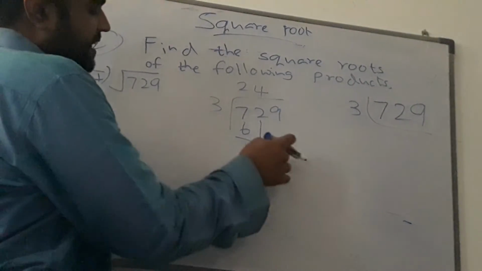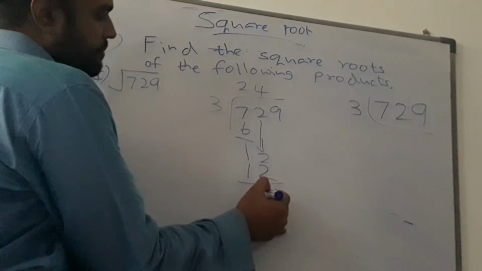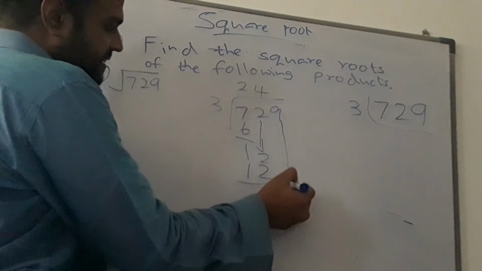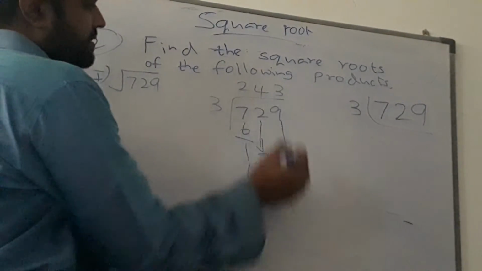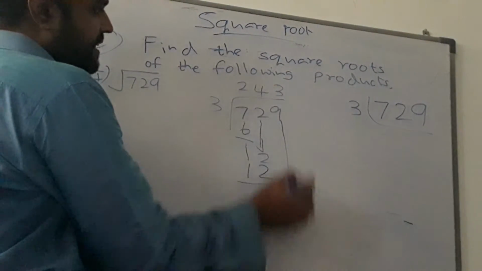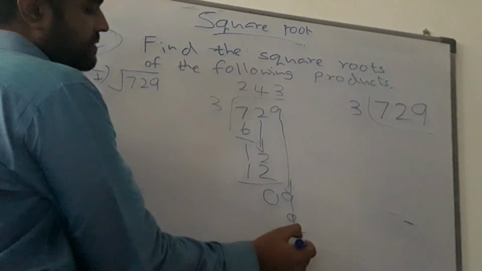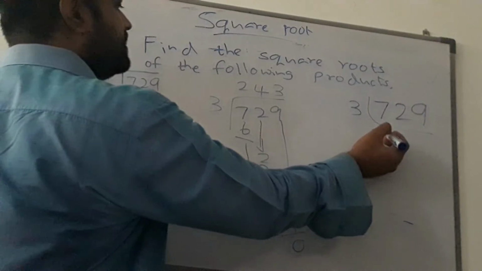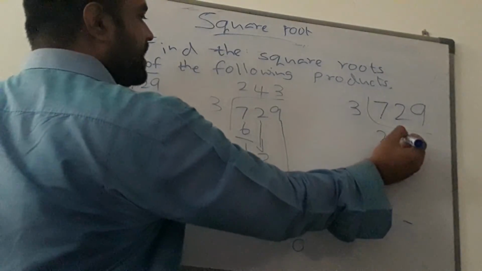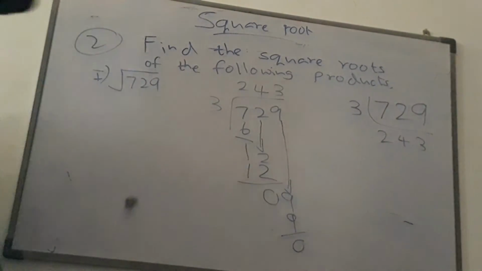So 12 and 12, now we can subtract, so it will be 0. And there's a 9 here, we have to take 9 down. 9 means 3 times 3. Again we will get 9. So here, 729 divided by 3 means 243.